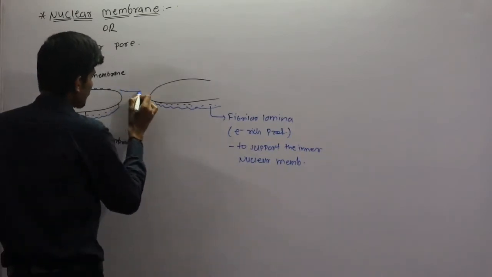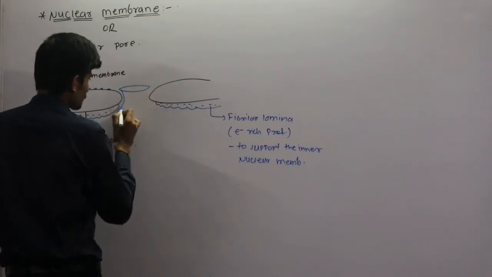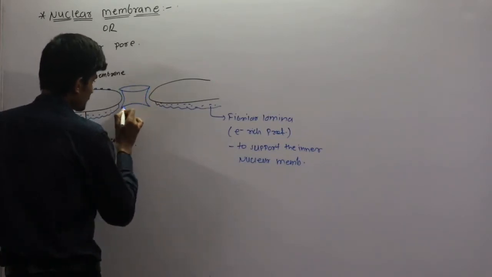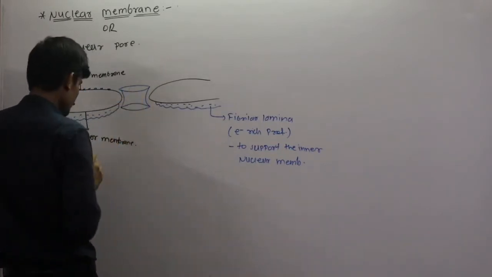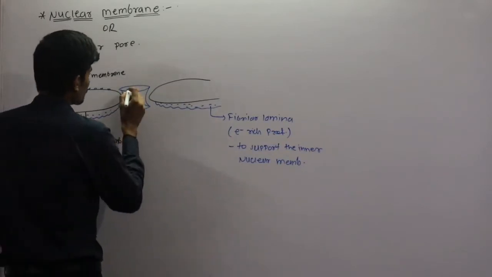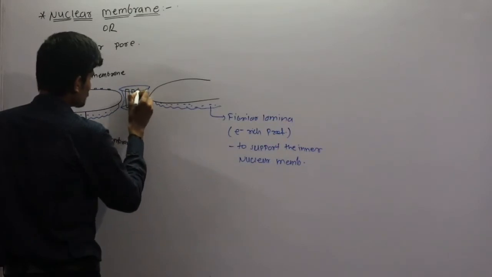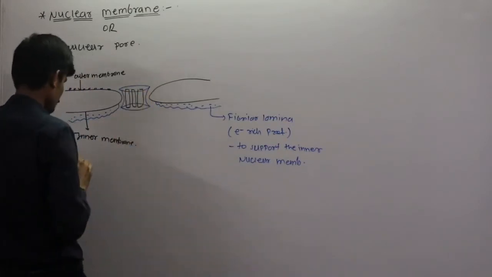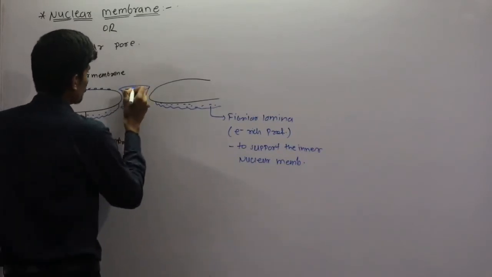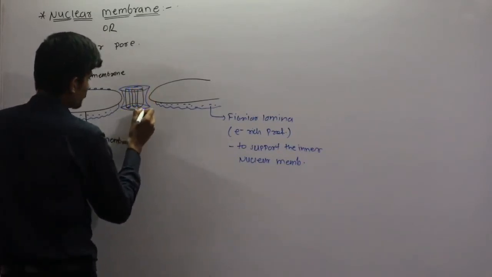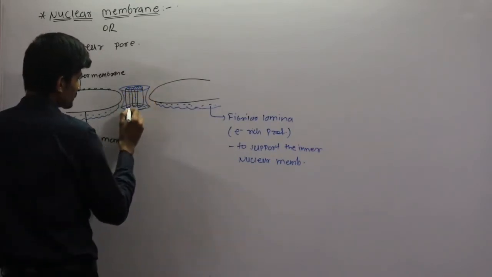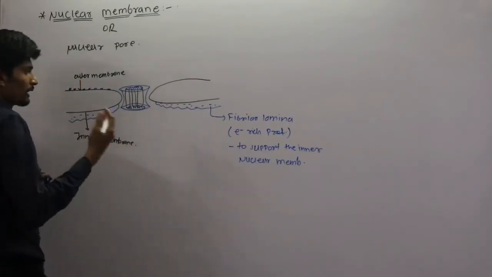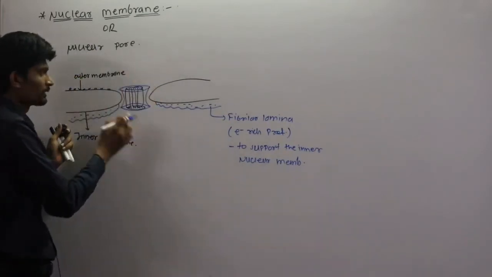There is a ring-like structure, and this ring is made up of 8 vertical rings. This is the portion through which material is transported from inside the nucleus to the outside environment and from outside to the inside.